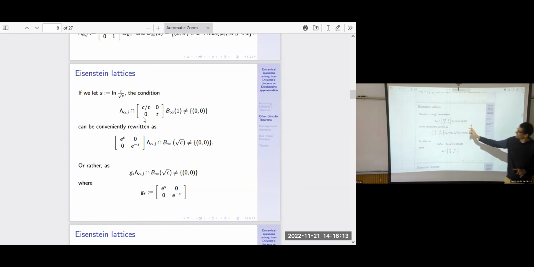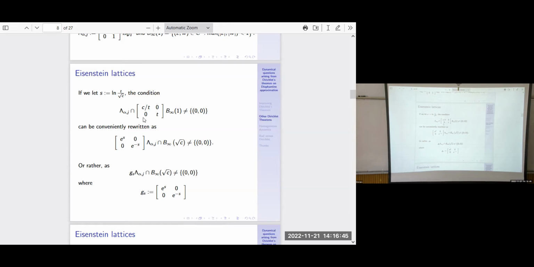Okay. So what I'm going to do is I'm going to define f to be ln p over square root c, and then I'm going to apply an automorphism of C2 to this equation. So if this is not empty, then certainly this is also not empty, and conversely. So that's equivalent to this. Okay, so what I've done is that I've sort of changed the motion to the lattice, and then the ball is staying constant.